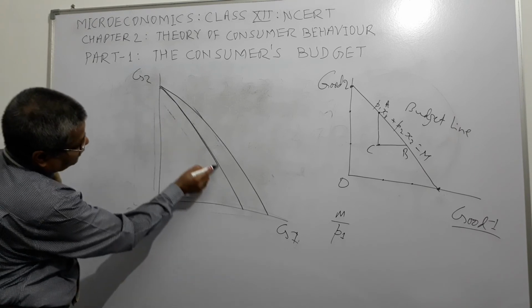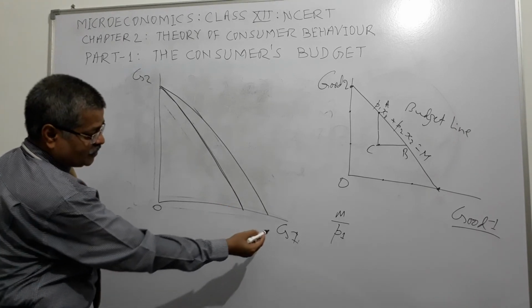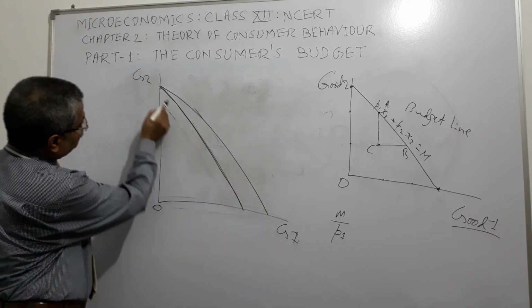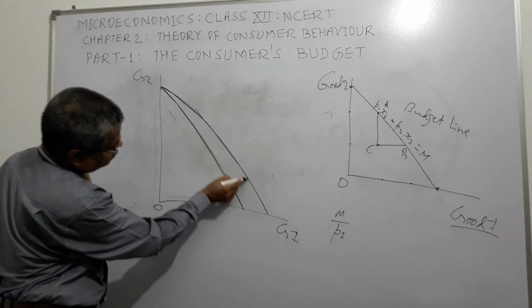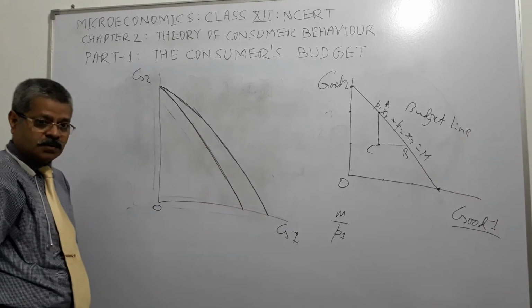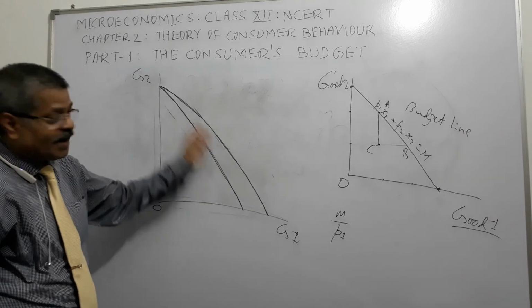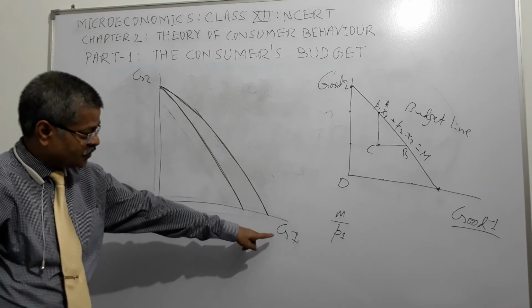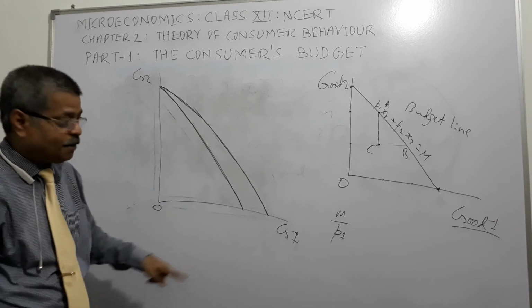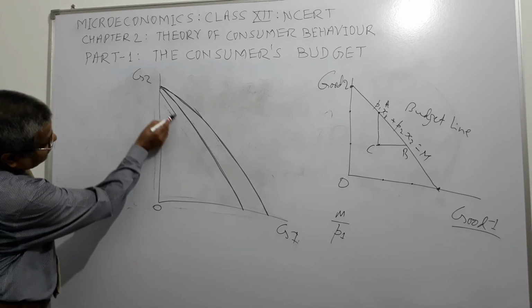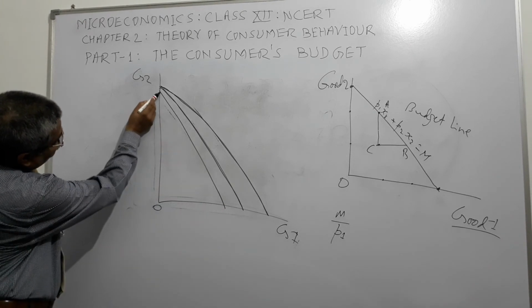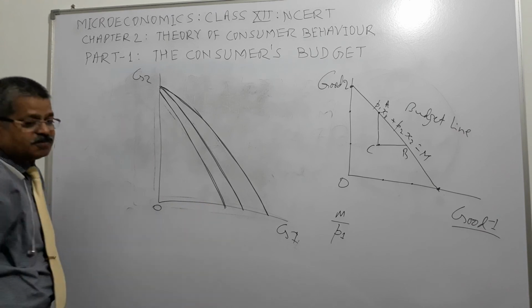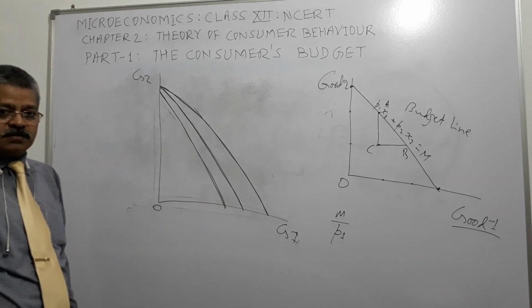There is the original budget line, and the price of good 1 has gone down, so now I can buy more. It has become flatter. Suppose the price of good 1 goes up, I can buy less, so this budget line becomes steeper.